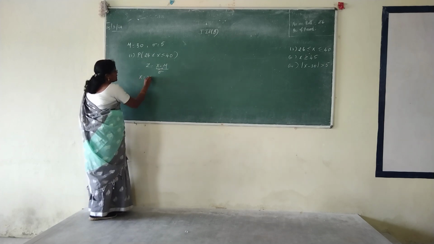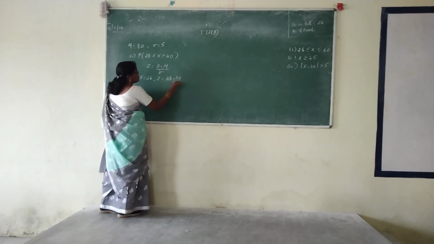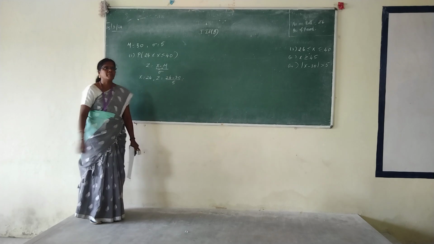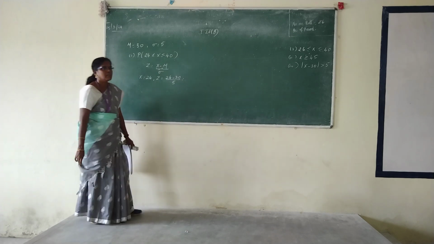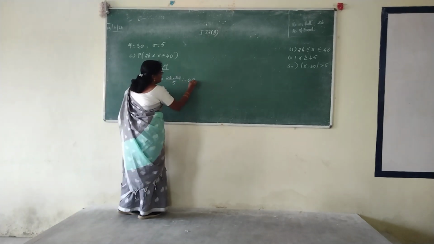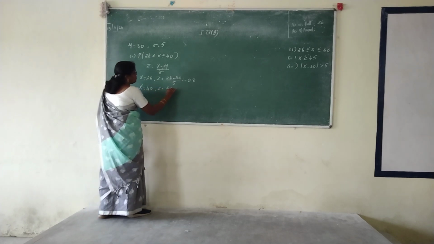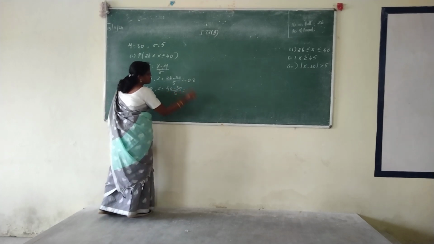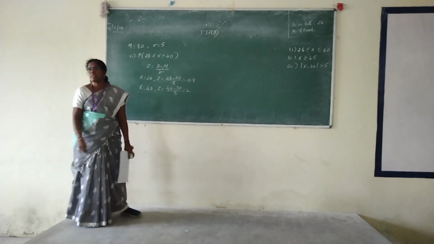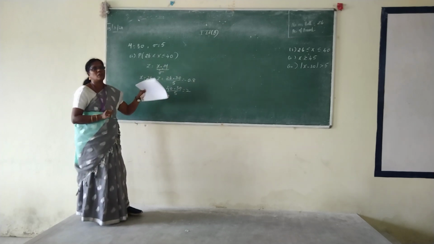So when x equal to 26, z is equal to 26 minus 30 by 5, that is minus 4 by 5, which in decimal is minus 0.8. Similarly, find for the next one. When x is equal to 40, z equal to 40 minus 30 by 5, which is 2. So first step, convert all the x values in terms of the standard normal variate z. Then rewrite our probability in terms of z.